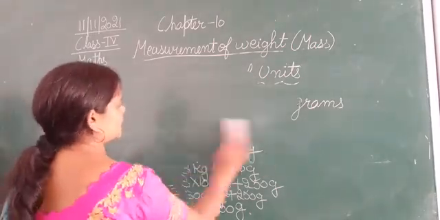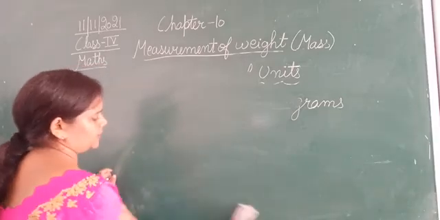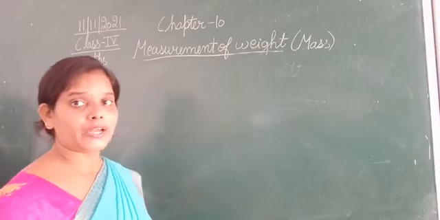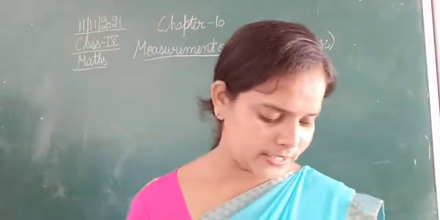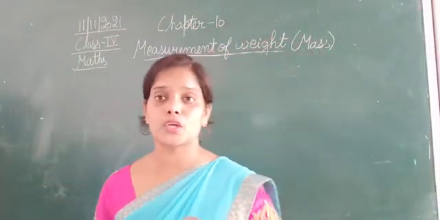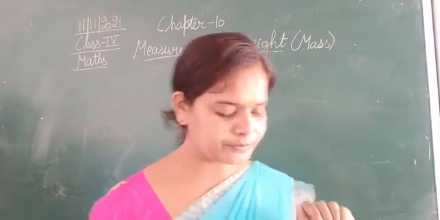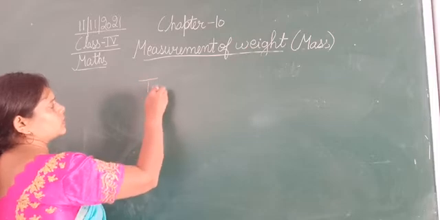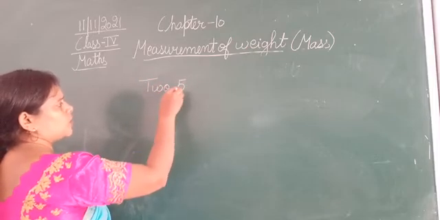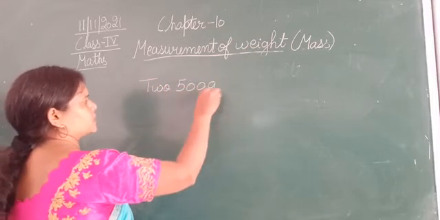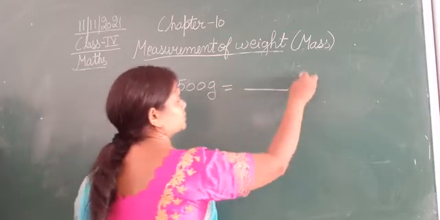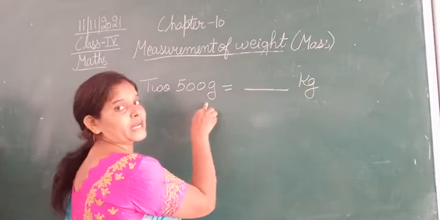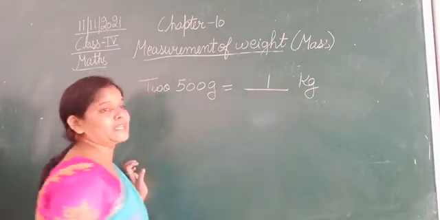Now another topic that you had done in the last class: how many weights are equal to what. 2 units of 500 grams will make how many kgs? So 2 units of 500 grams will make 1 kg.